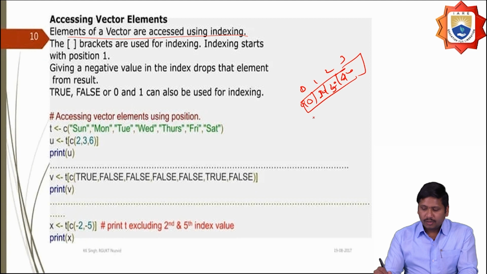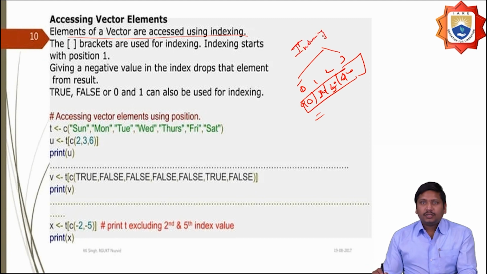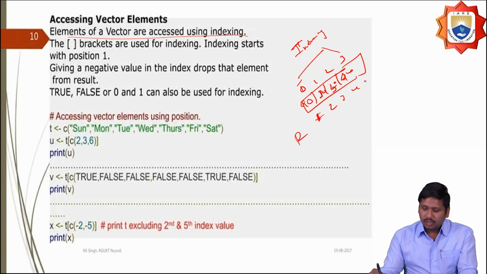Here also we can access the element based on indexing only. Square brackets are used for indexing, and indexing starts with 1. So in R programming, it starts with index number 1, whereas normally in C and Java it starts with 0.